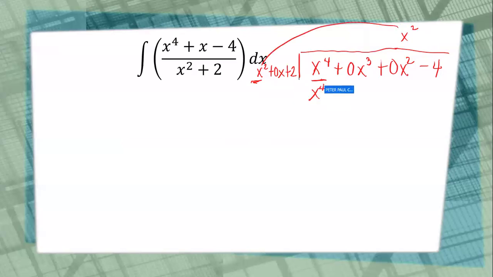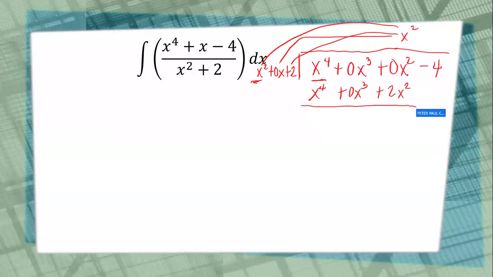So you apply long division, okay? X squared times 0x is 0x cubed. X squared times 2 is 2x squared. So we subtract, cancel. So this becomes negative 2x squared. Oh, we forgot the 0x here. Then we bring down 0x minus 4. Next, we divide.